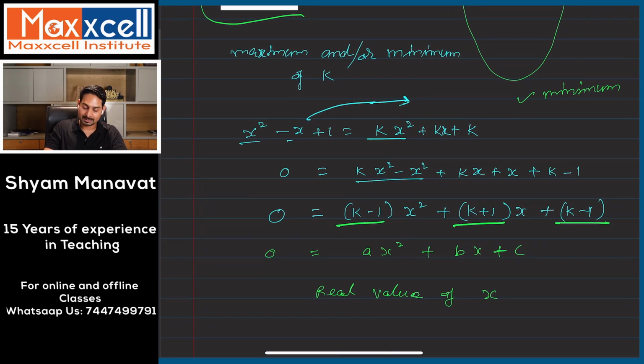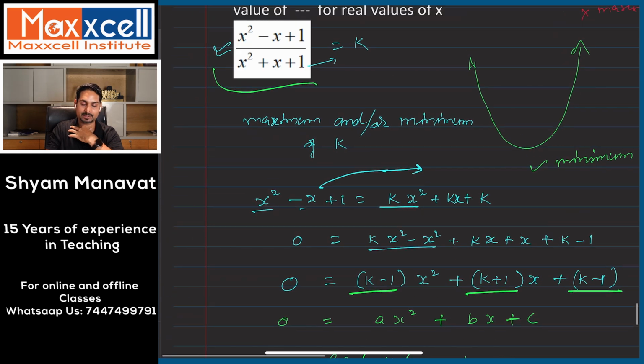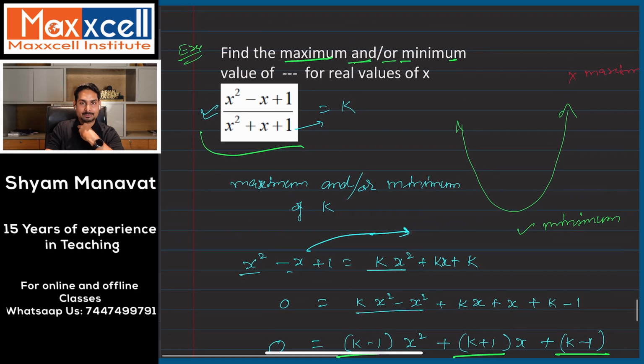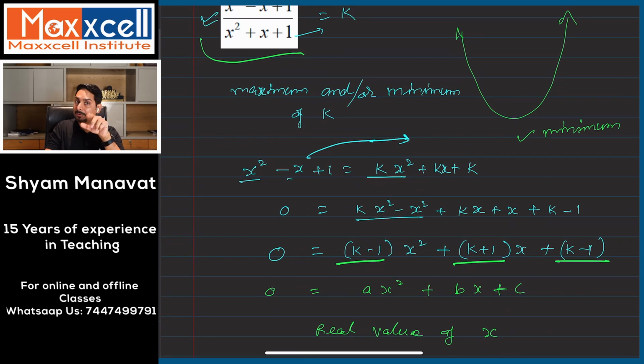That means this particular equation should have real value. Okay, अभी k को हम लोग थोड़ा ध्यान से निकाल के, we will only talk about this equation, that this equation has to have real value. Real value नहीं है तो problem है. Because if x is imaginary, then what can we say about minimum or maximum? X has to be real. If you take care of k properly, how will you take care of k?